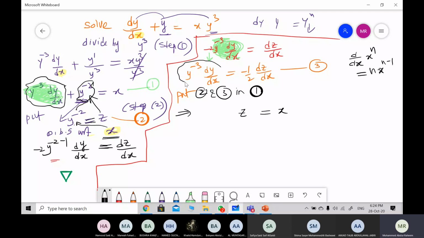Minus half dz over dx. Sorry, I did something wrong. This was actually z here, plus this. How much is this?